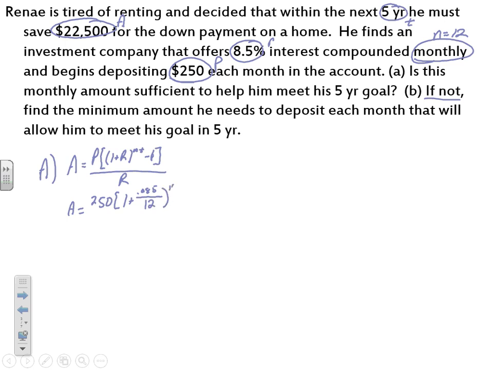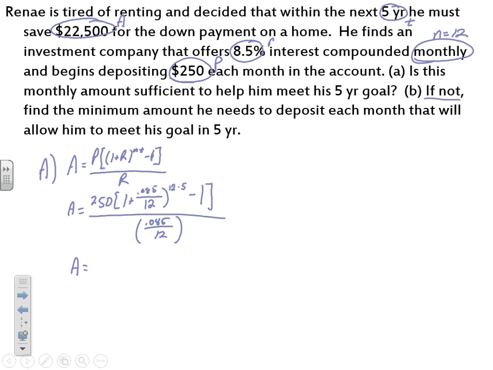And we'll say 12 times 5, and if you want to, you could just write 60, and then minus 1, over 0.085 over 12. Again, this is a good plug and chug exercise. Can you plug all these numbers into your calculator and get the correct answer out?